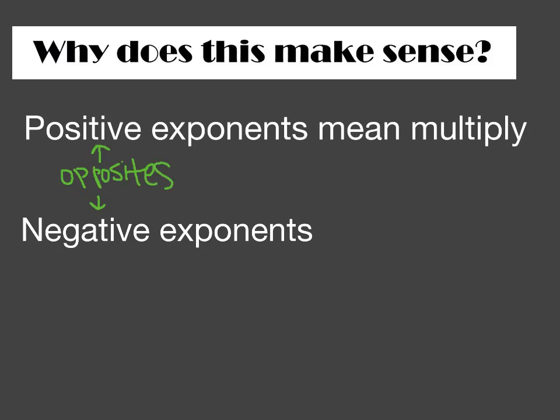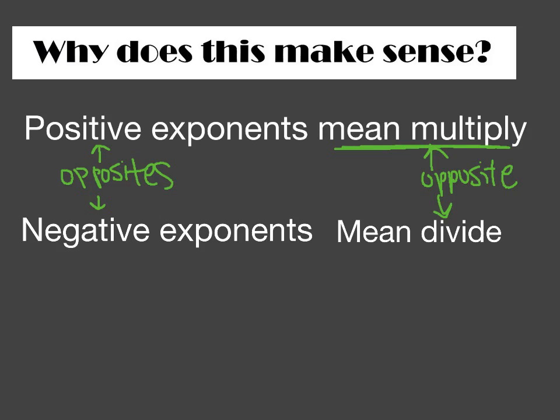So if I think about positive exponents meaning to multiply, negative exponents, if they're the opposite of positive, I need the opposite of multiply. Well, the opposite of multiply would be divide. And I know that division is often represented using a fraction bar, right?